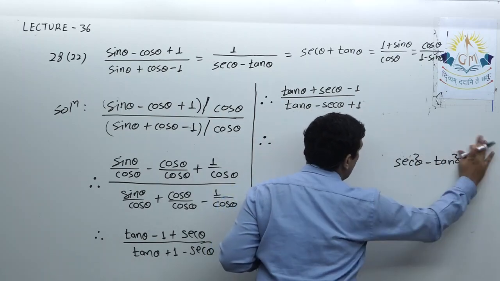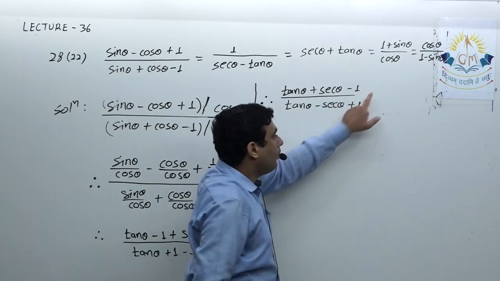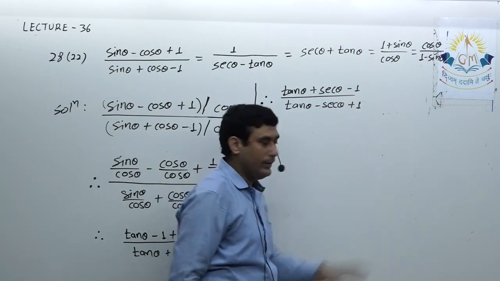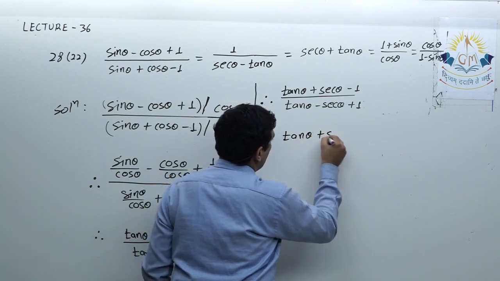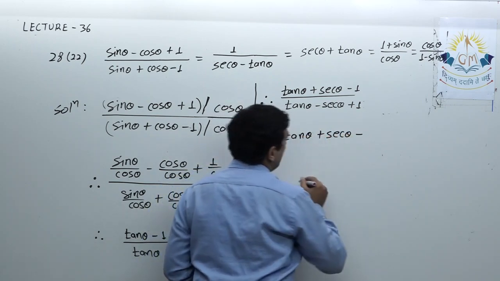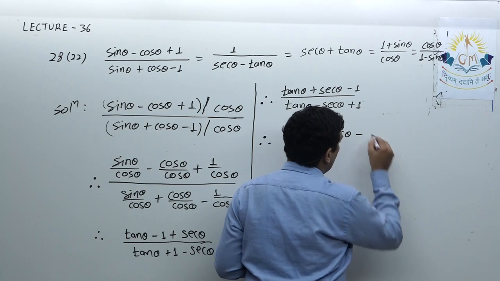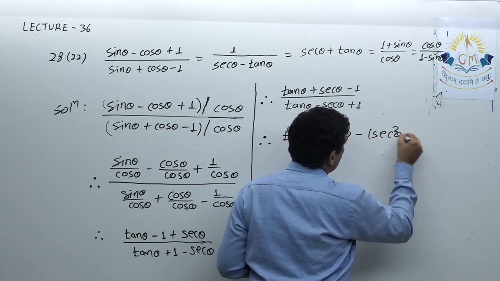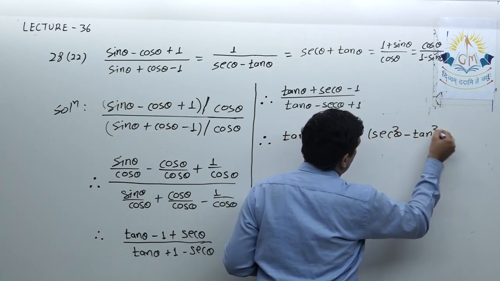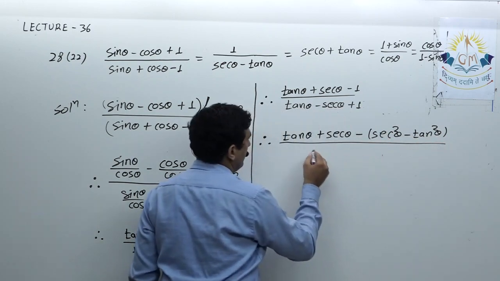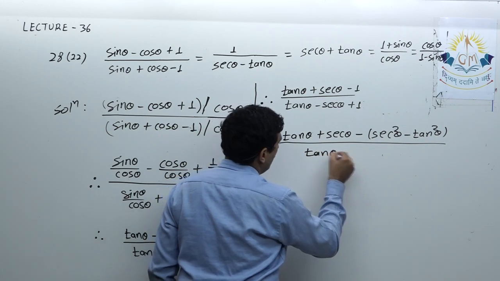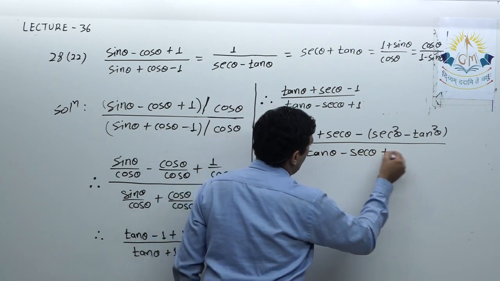One thing more, I will replace this only in the numerator, not in the denominator. So here I write tan theta plus sec theta, and in the place of 1 I write sec squared theta minus tan squared theta, and the denominator I write as it is, that is tan theta minus sec theta plus 1.